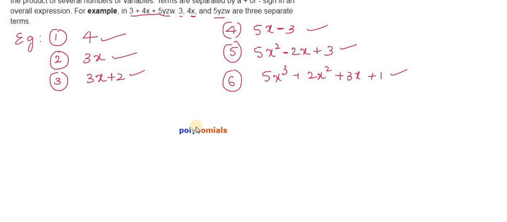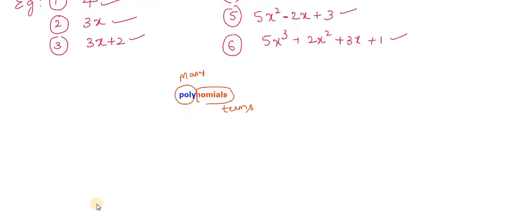Because here we have two parts: poly, and nomial. What do we mean by poly? Poly means many, and nomial means terms. So an algebraic expression having a single term or more than one term is called a polynomial.